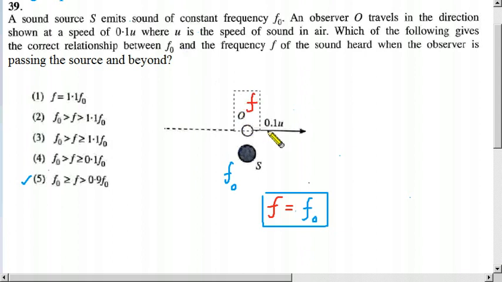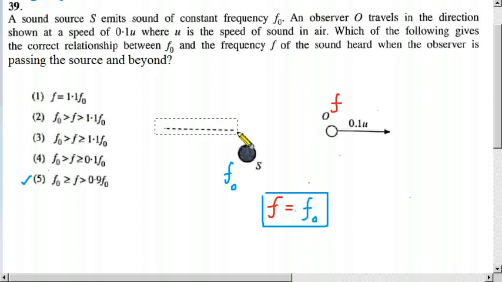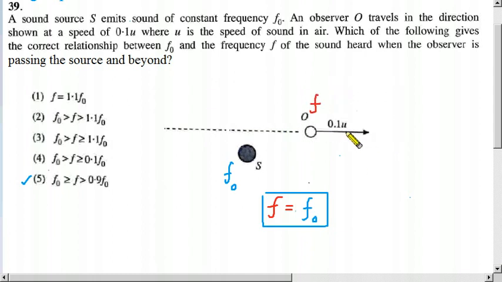This one is somewhere else, somewhere away, like this. Beyond that means, so let us take it like this, somewhere away.